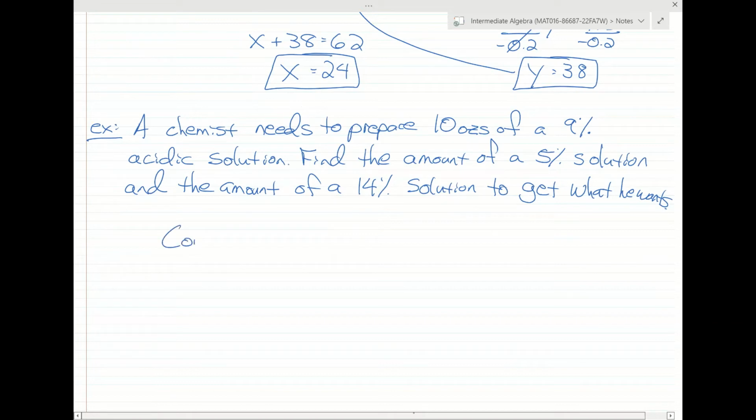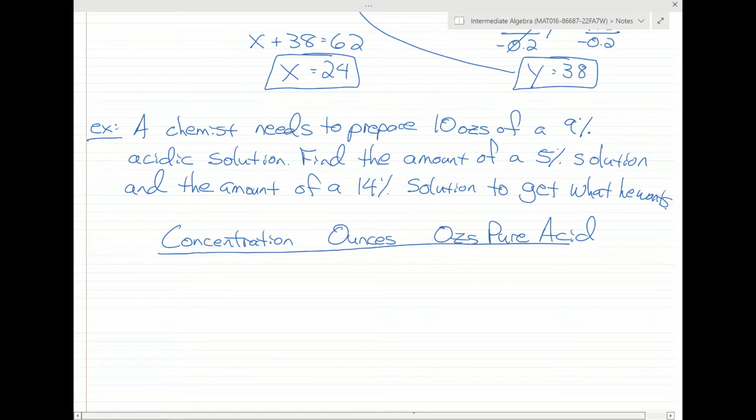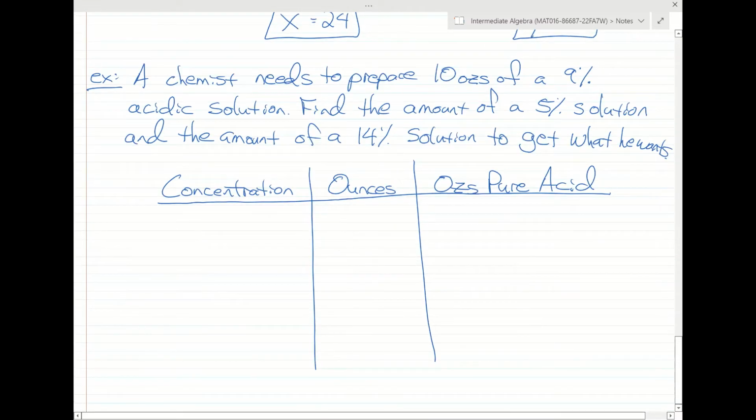Let's make a table with concentration, ounces, and then ounces of pure acid. Now, the problems you'll see on the test are going to be similar to these. So if you could just try to understand what we're doing here, on the test you'll be able to do the same thing.